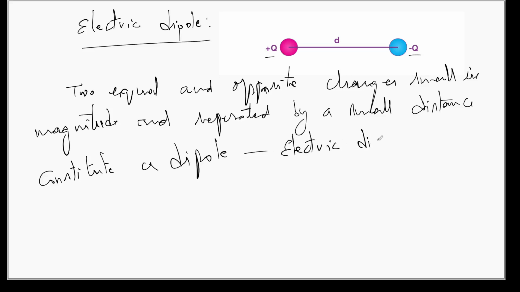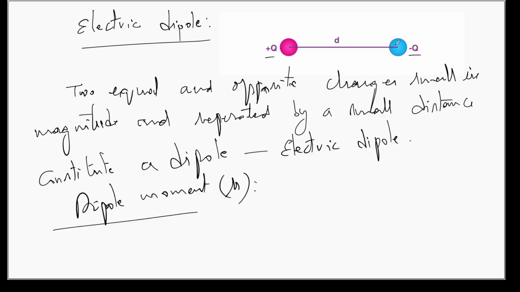We also have dipoles in magnetism. So two equal and opposite charges that are small in magnitude, which are separated by a small distance, constitute an electric dipole. A dipole will have a dipole moment. The dipole moment is represented with a mu. Say if q is the charge, the magnitude is q and the separation is d.